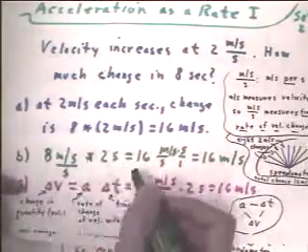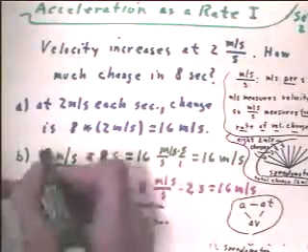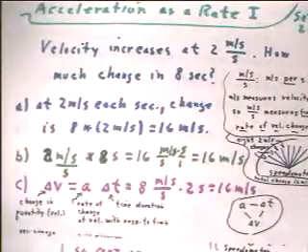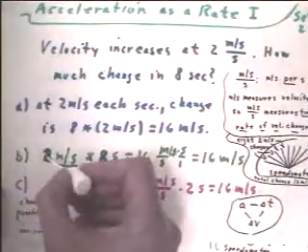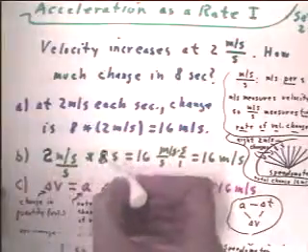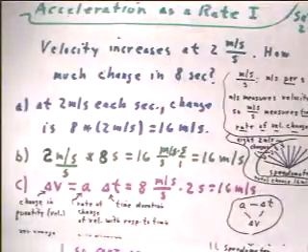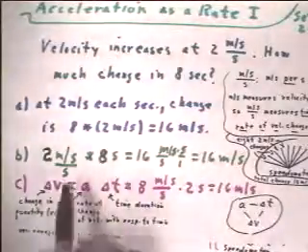I had the right result here, but this should have been 8 seconds here, and this should have been 2 meters per second. Let me just use a little white out here to make that at least halfway legible. So if that was confusing you a minute ago, hopefully that alleviates your confusion.